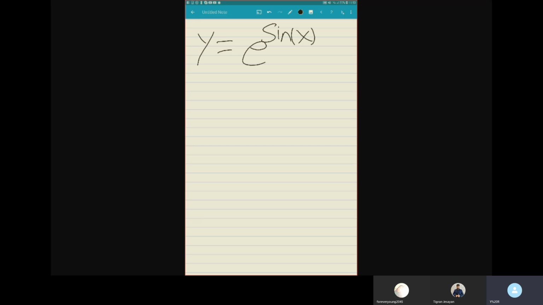Our first step is to find f(x), not f bar x, just f(x). Let's first find out what is f(x) in this case, in the question itself.